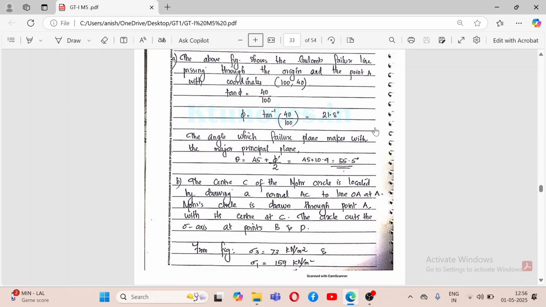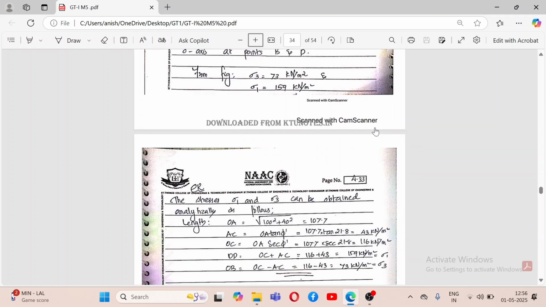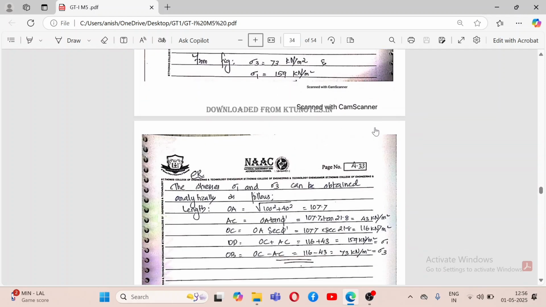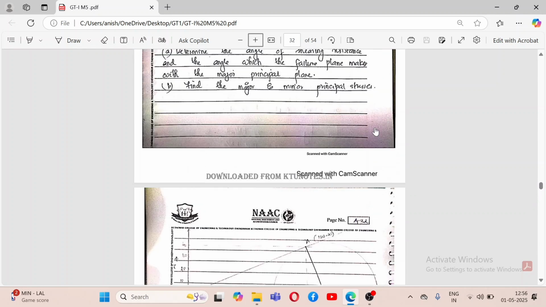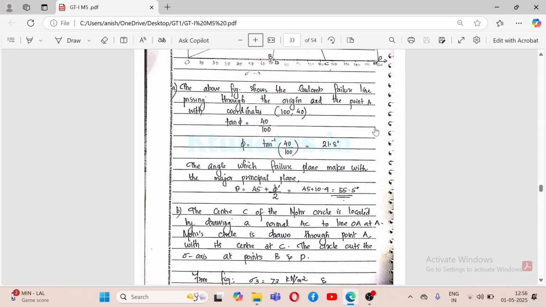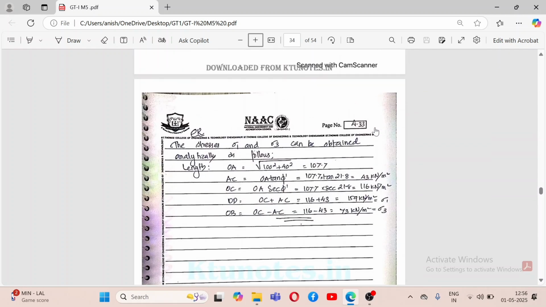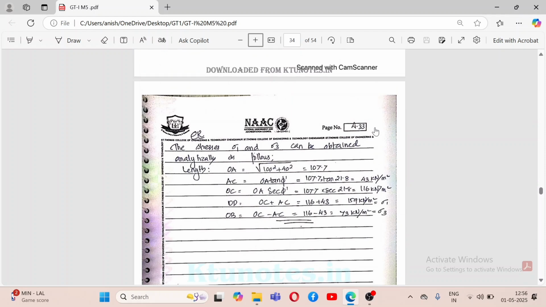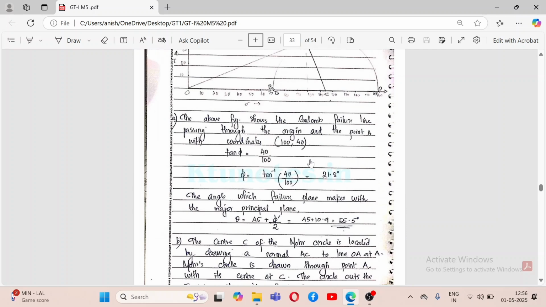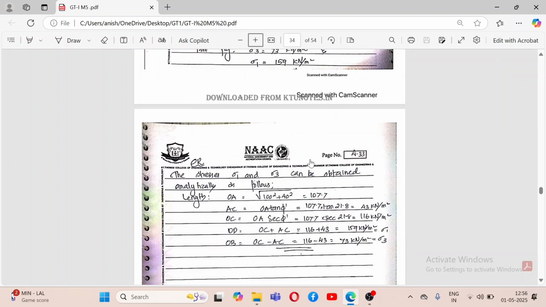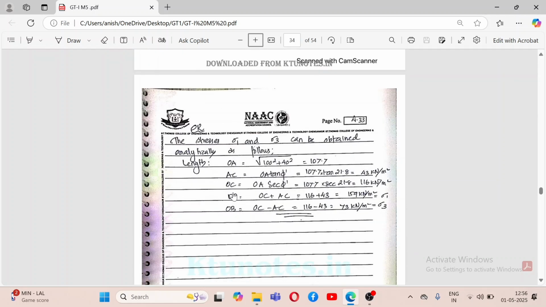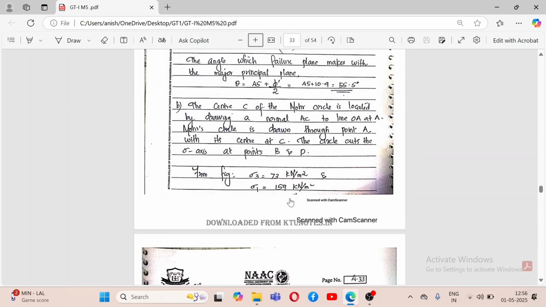And for proving this you can do it theoretically. If it is asked you can do it, or else for confirmation that what you did is correct, check it. Length OA is equal to the square root of 100 square plus 40 square. Then you get OA, and similarly AC, OC, OD, OB.